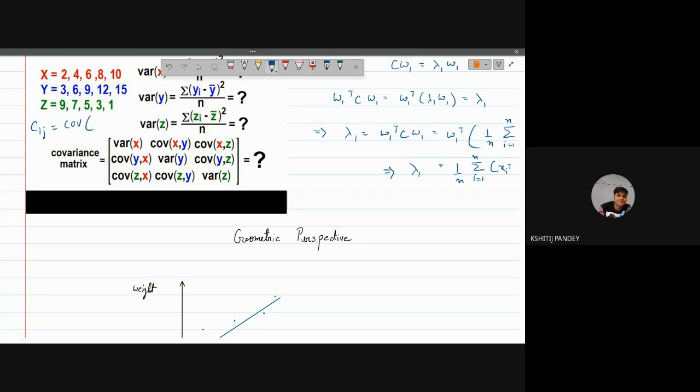covariance of, let's say all these are xi's. This is x1, this is x2, this is x3 for now. This is the covariance of xi and xj.